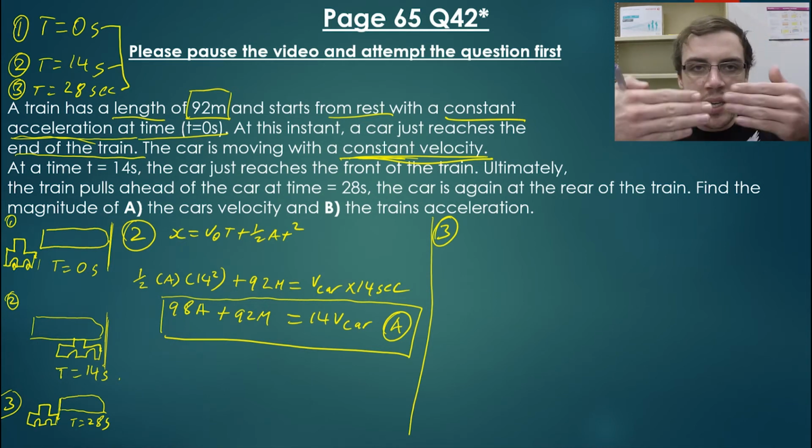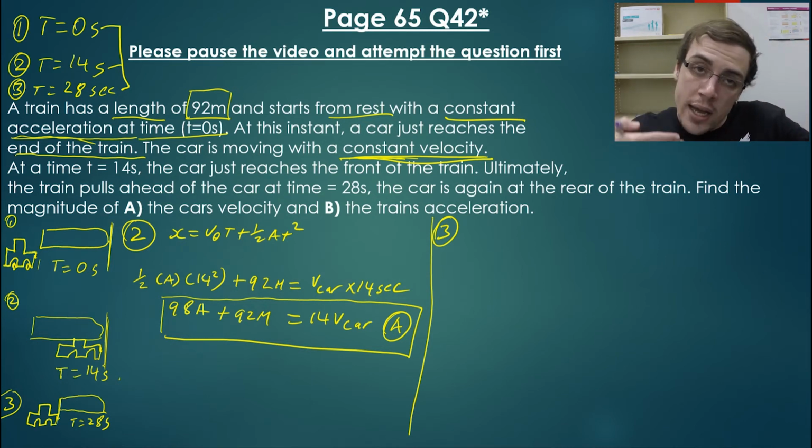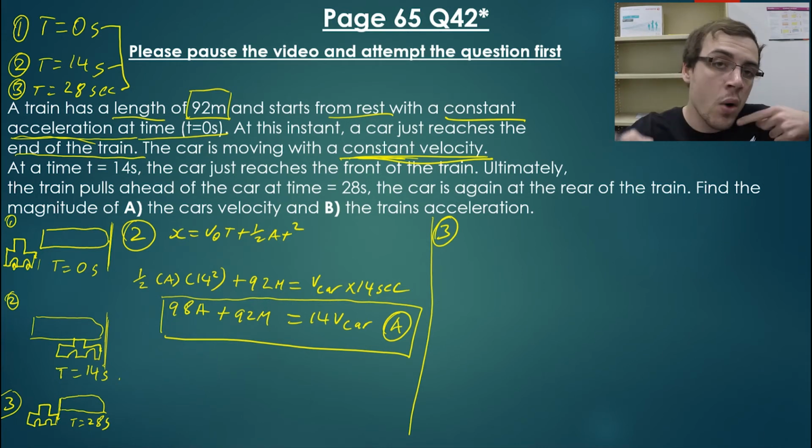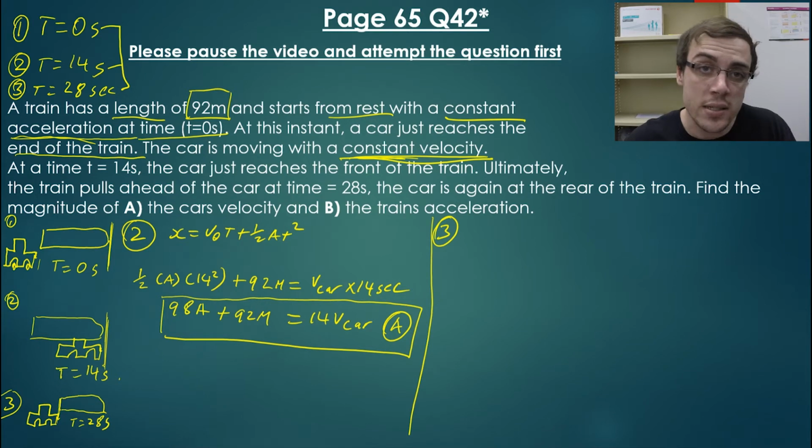So this is where we can see the difference in the train and the car. We can look at how much of a difference there is in terms of how quickly they're covering that distance, and that's when we can look at the acceleration and the velocity for both the car and the train.